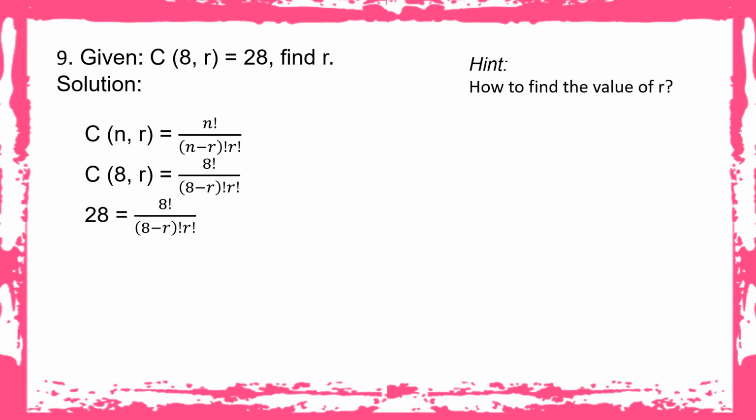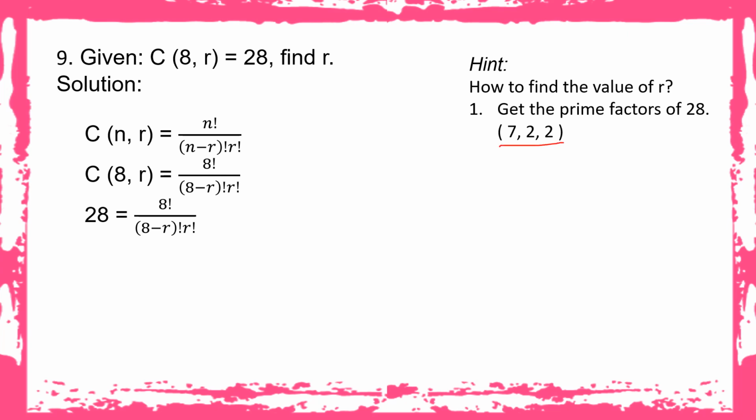So, how to find the value of r? From the answer 28, get the prime factors of it. So, the prime factors of 28 are 7, 2, and 2. So, 7 times 2 is 14, times 2 is 28.